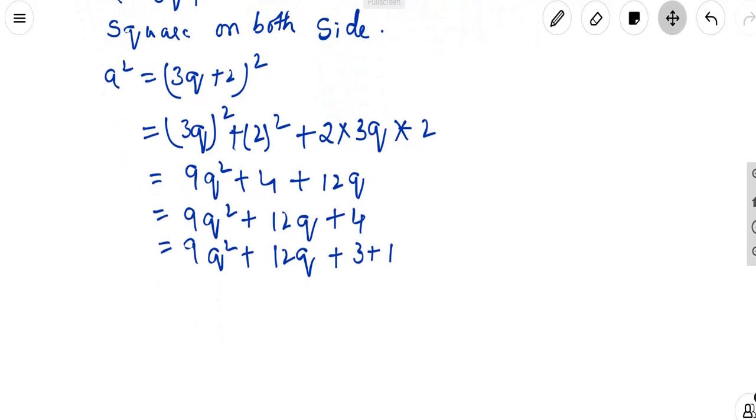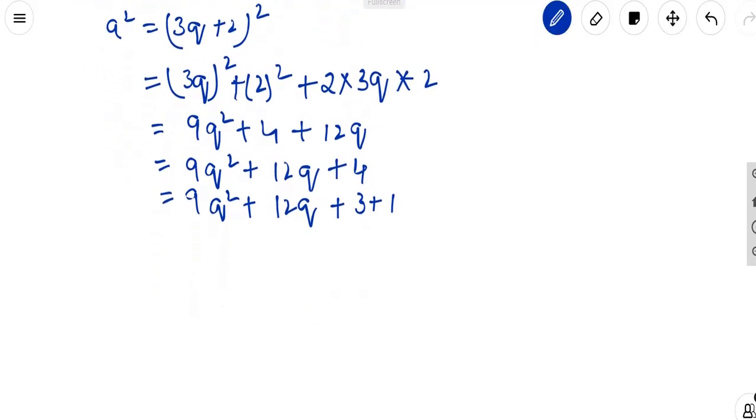Okay, I hope you people have understood. Okay, students, now what will I do? I will take a common factor here. What is the common factor here? I can take 3 common. So this becomes 3 times (3q square plus, how many times will 3 go into 12? 4 times, 3 fours are 12, so 4q plus 1), because 3 ones are 3, so 1 will not go.